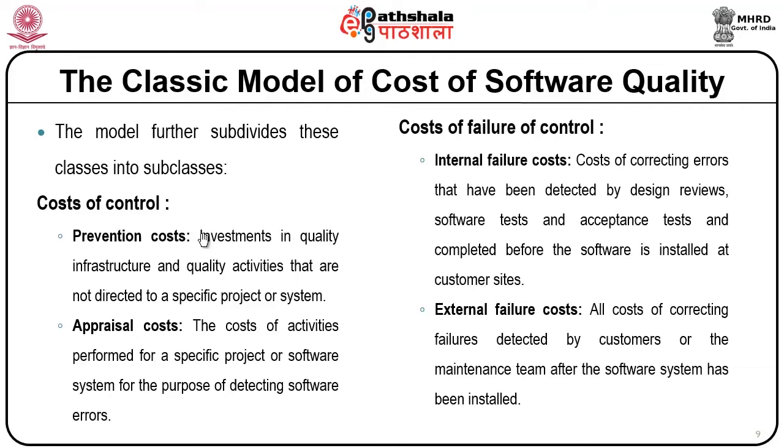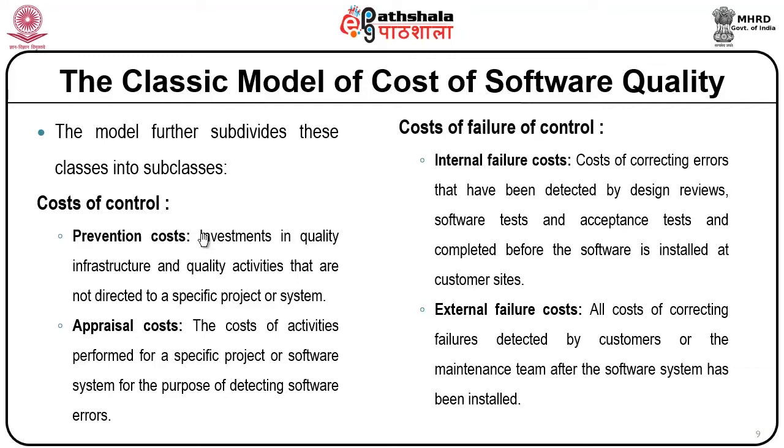Coming into the types of costs of failure of control: internal failure costs, costs of correcting errors that have been detected by design reviews, software tests, acceptance tests and other tests that have to be completed before the software is installed at customer sites.